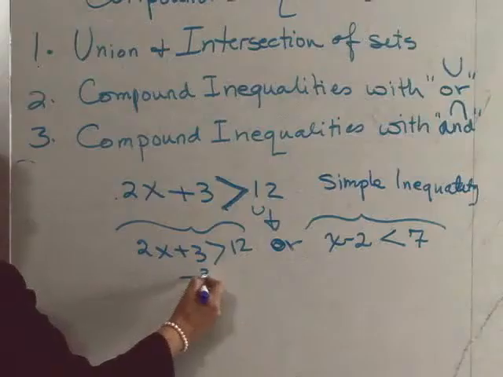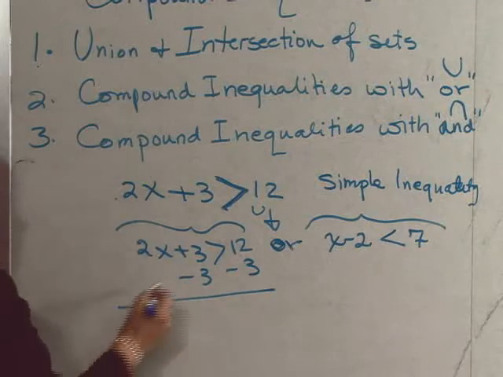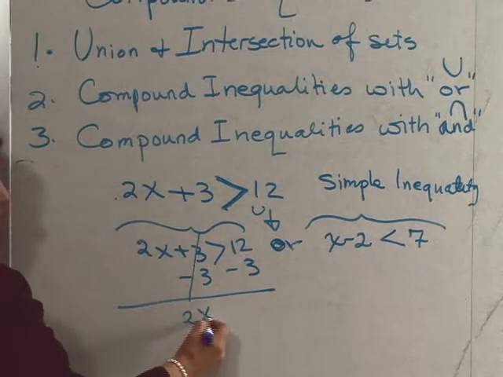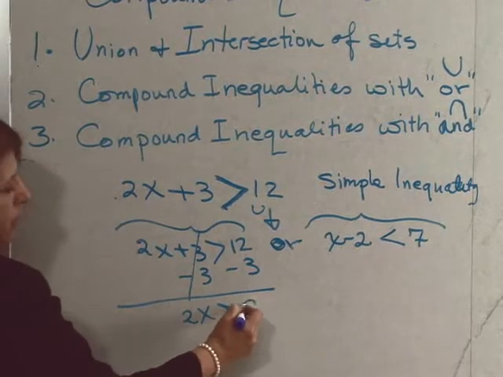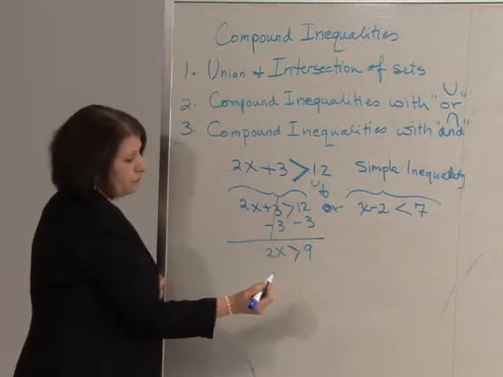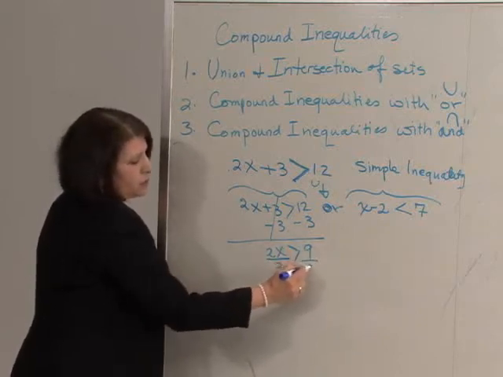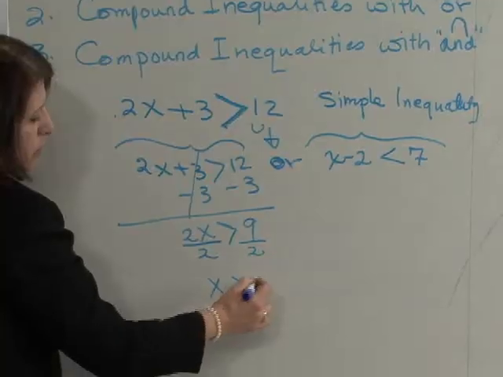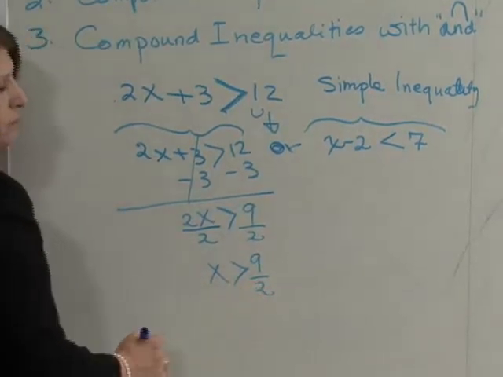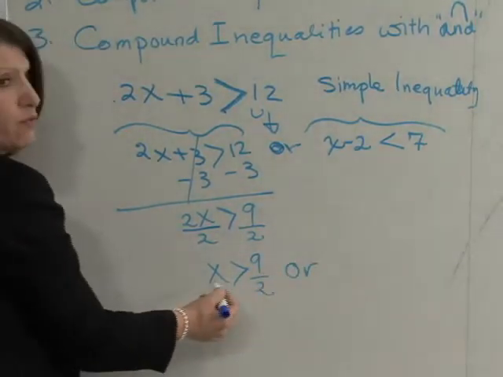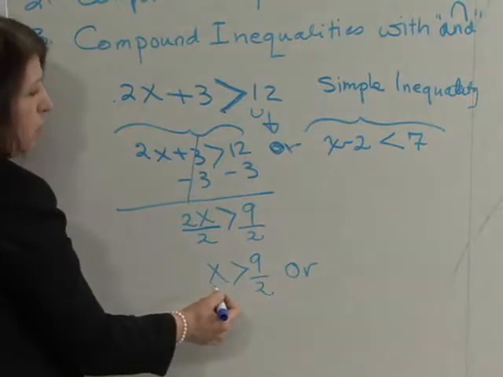So to solve this one, I'm going to add -3 to both sides. Then I get 2x is greater than 9. And then I divide both sides by 2, so x is greater than 9/2. Or, so this is part of the solution of the compound inequality.